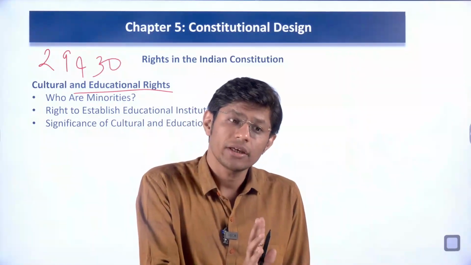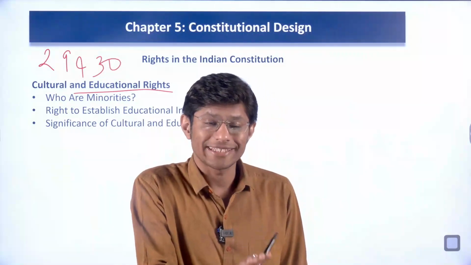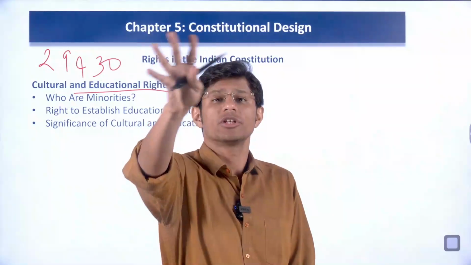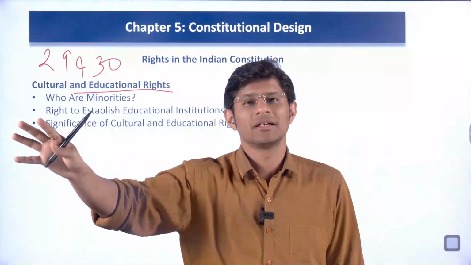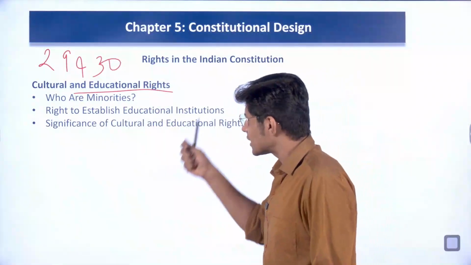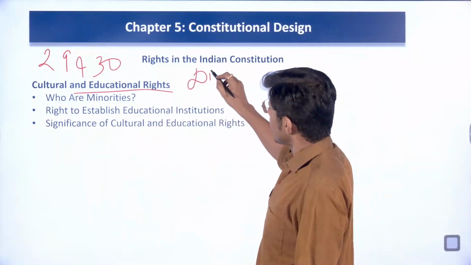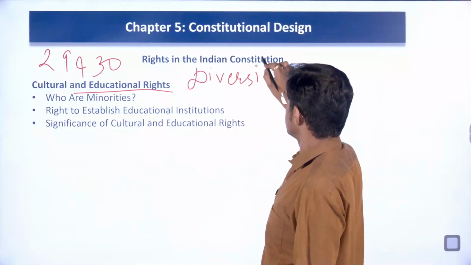This was a fear in the minds of the Constituent Assembly members. That's the reason the Constitution firmly rejects this, and instead recognizes diversity as the strength of our country.